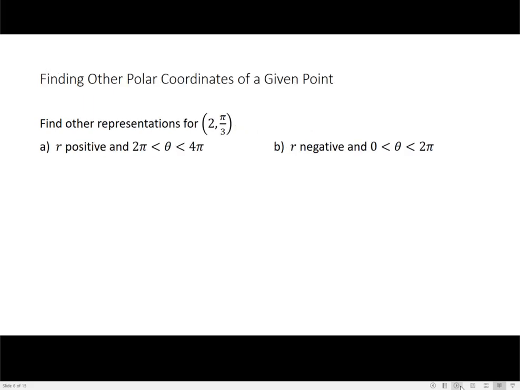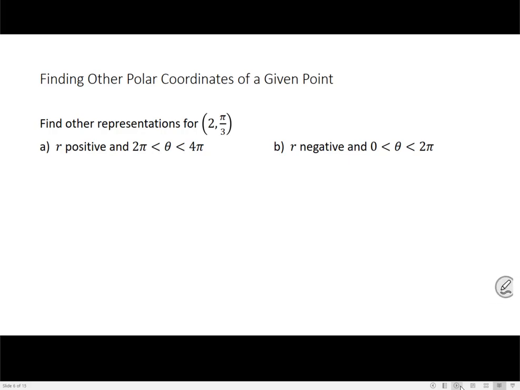So for part A, I want to find a representation for the point 2, pi thirds. Part A wants me to find a representation where r is positive, but my angle theta is between 2 pi and 4 pi. All right, well, that's pretty straightforward.